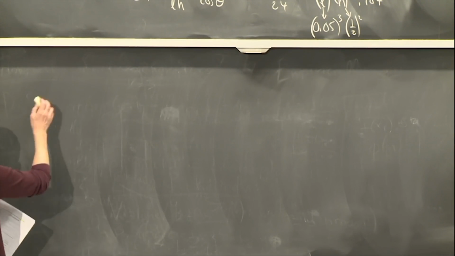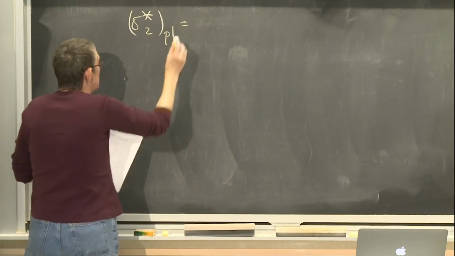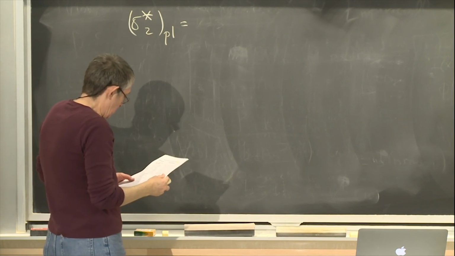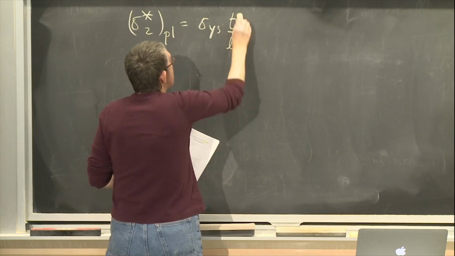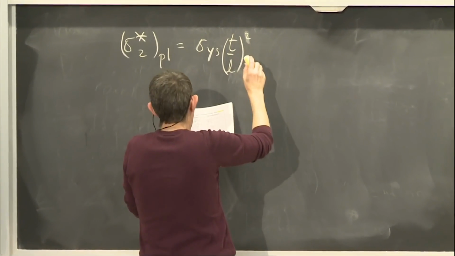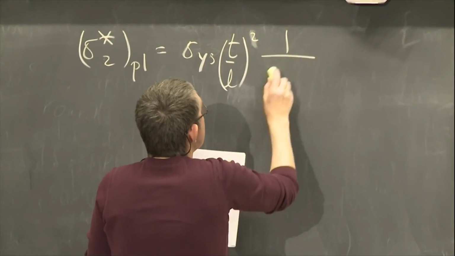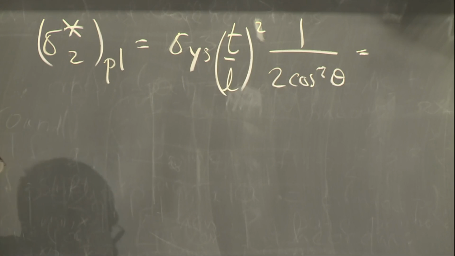And then you'd want to calculate sigma star plastic. That's equal to sigma ys times (T over L) squared, times 1 over 2 cos squared theta.